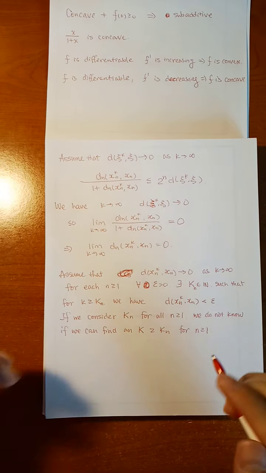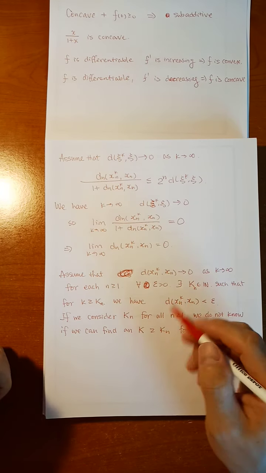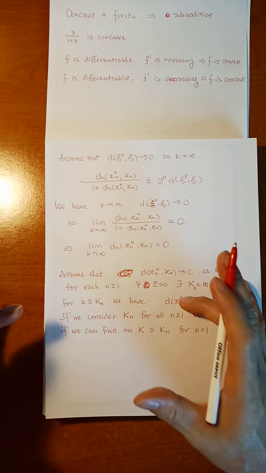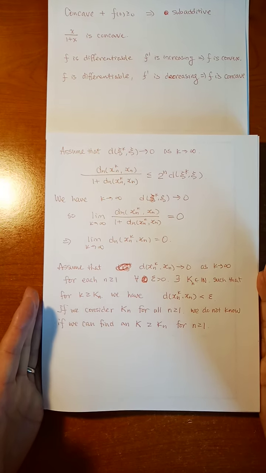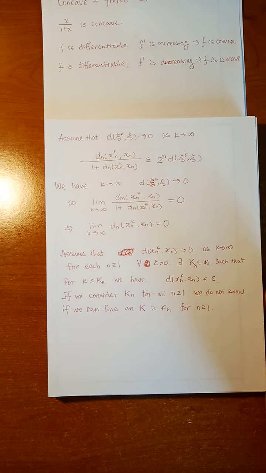Right? Because we need a capital K so that whenever little k is greater than capital K, all these conditions will be satisfied. Right? We cannot do that.